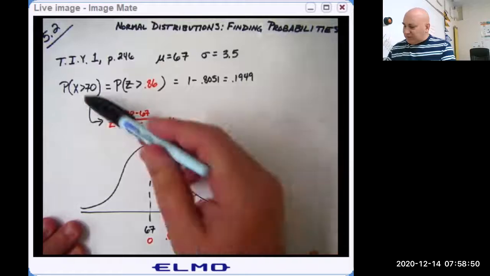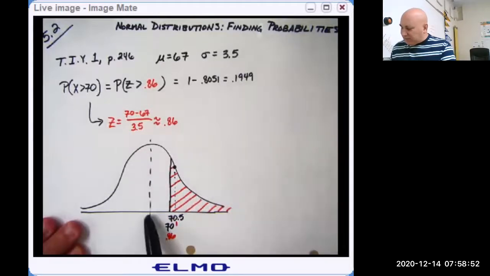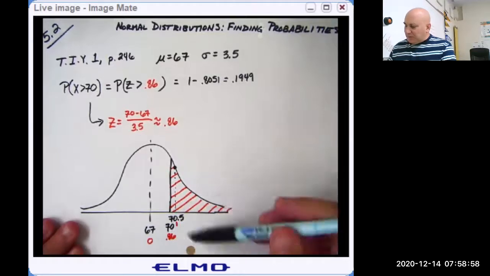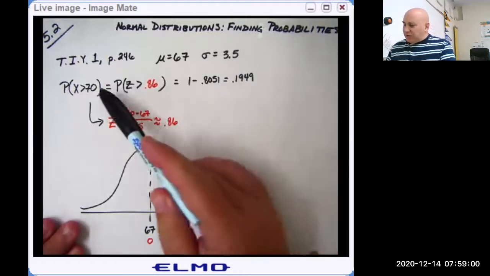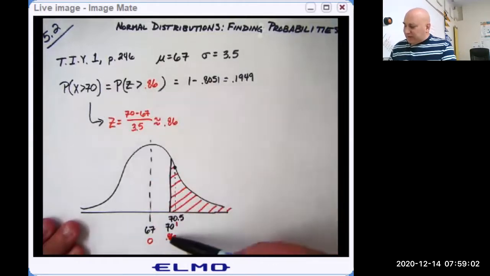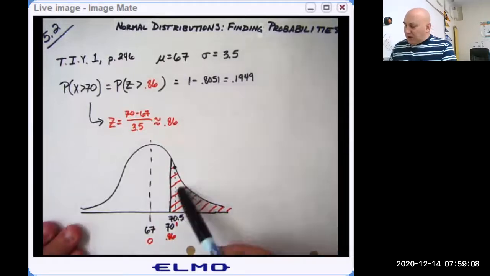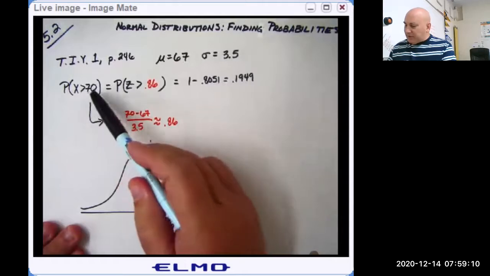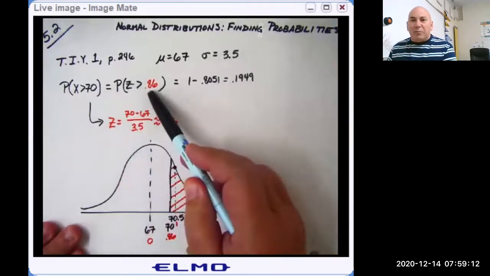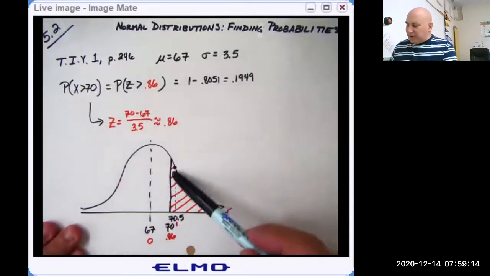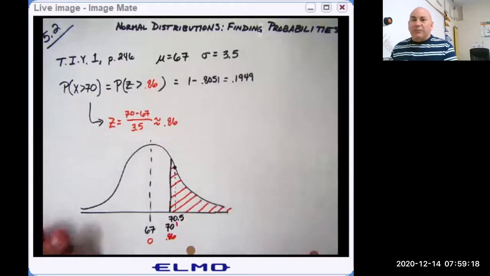So 70 is just a smidge below that, so there's 67, there's 70.5, and 70 is going to have to be right about there. We've already shown that 70 is 0.86 standard deviations and 70.5 would be 1 standard deviation. I want the probability that x is greater than 70, or z is greater than 0.86, so I'm shading to the right. And what is this area under the curve?